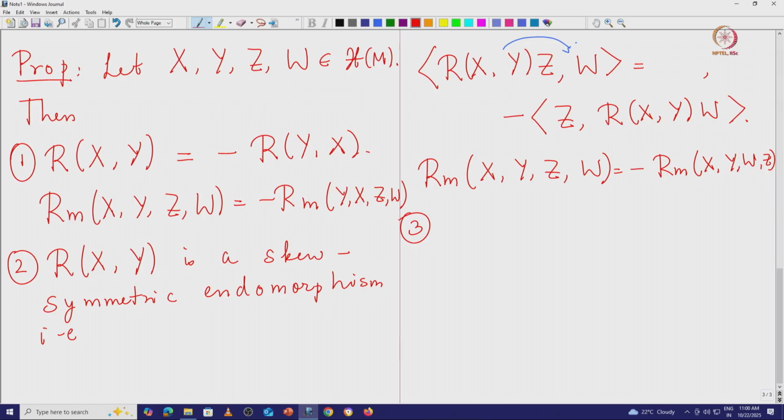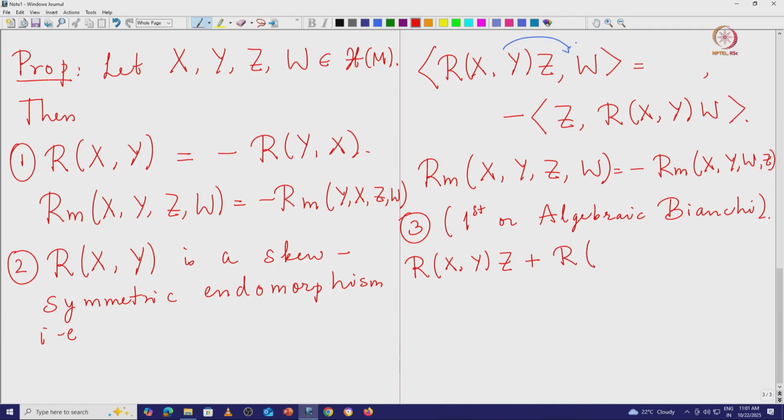So the third point is the first or algebraic Bianchi identity. What that means is the following. R of xy applied to z plus you cycle through these indices.